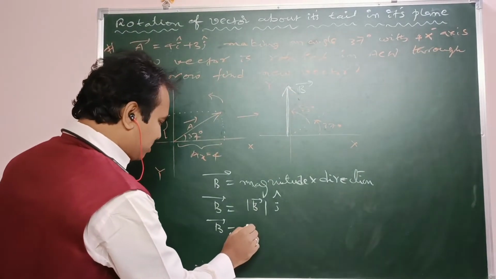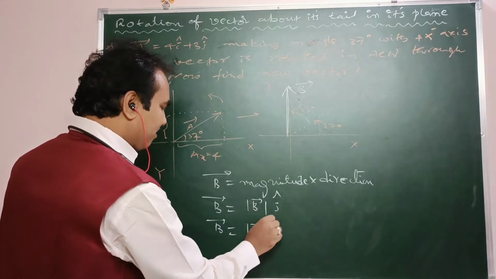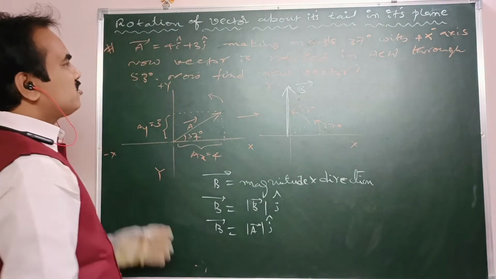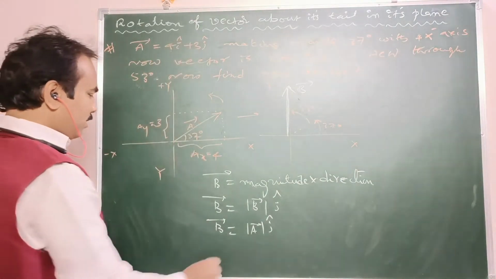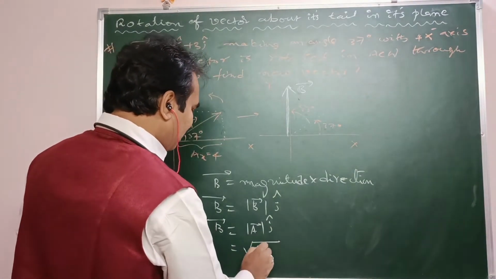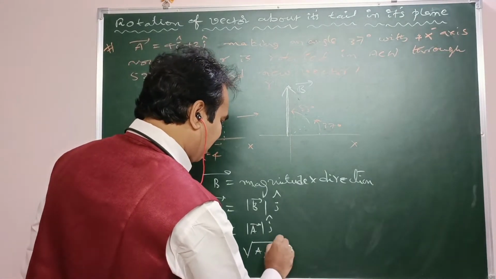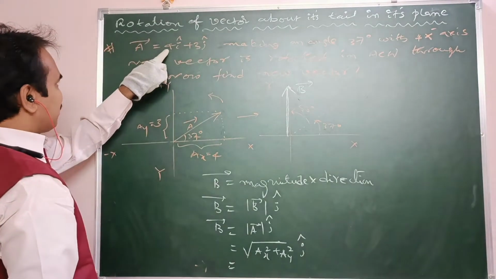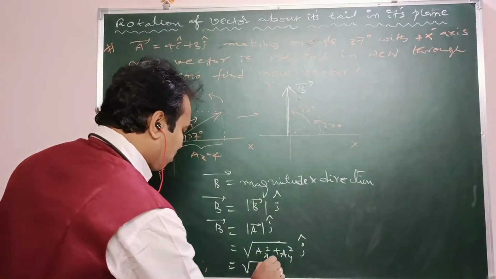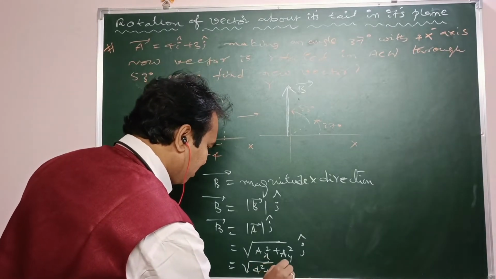So mod b bar is replaced by mod a bar into j cap. Mod a bar is root over x square plus y square, that is root over ax square plus ay square, that is root over 4 square plus 3 square, into j cap.